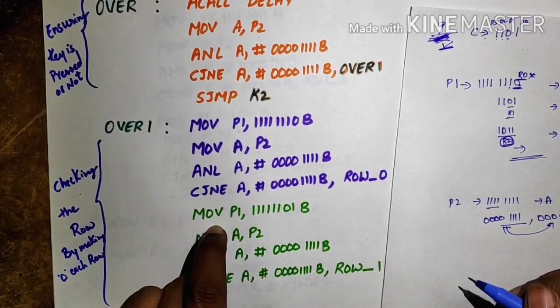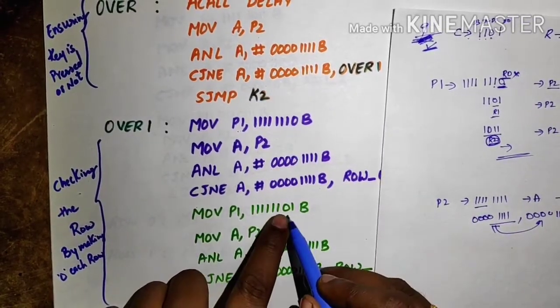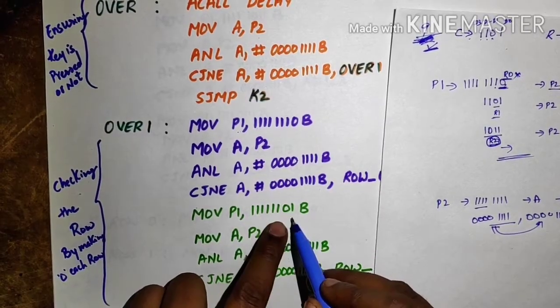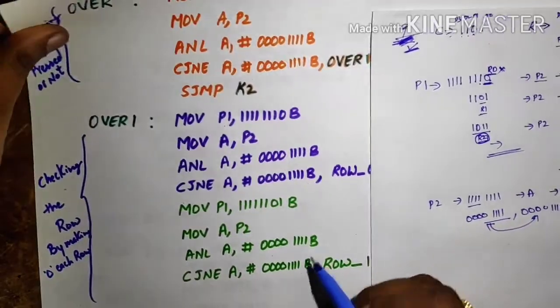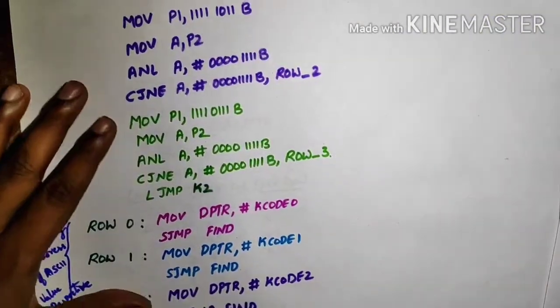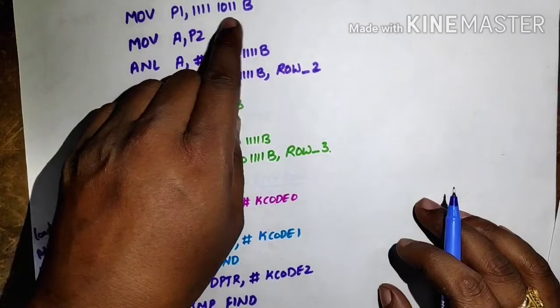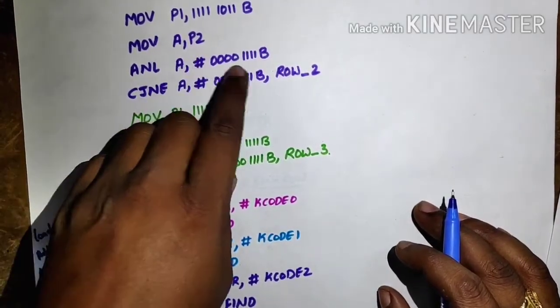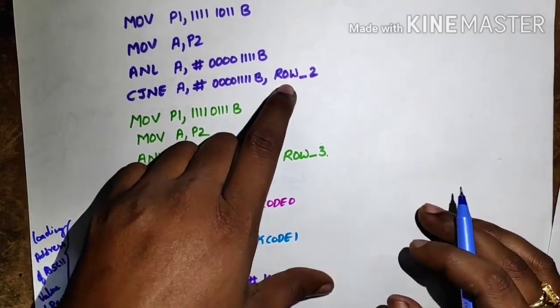Again, next it will check the next value. Here we are making R1 0 and the remaining bits 1, and the same will continue. After that we make R2 0 and compare again.